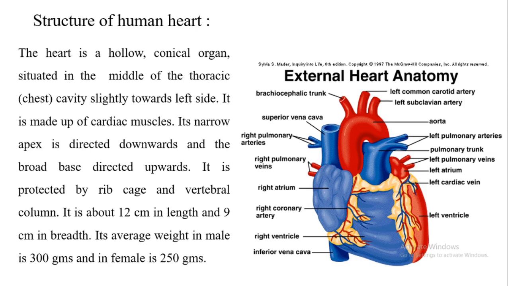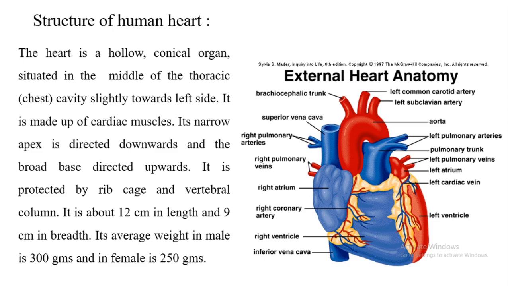The average length of heart is 12 centimeters and the width is approximately 9 centimeters. So approximate weight in male humans is about 300 grams and in females it measures about 250 grams.